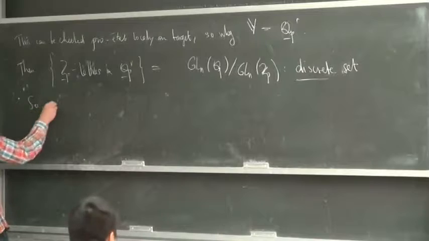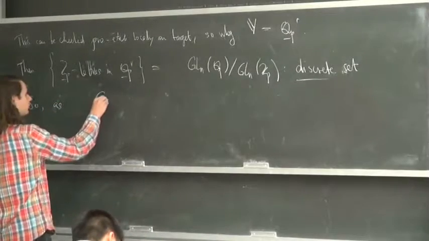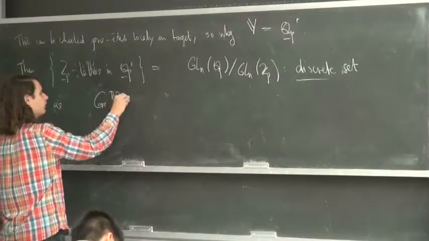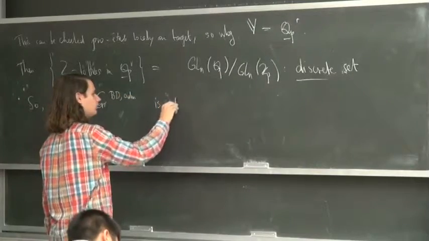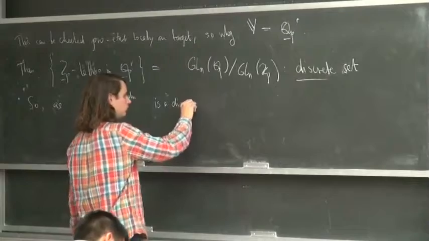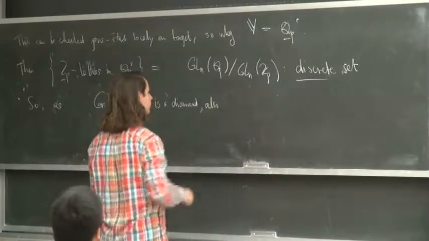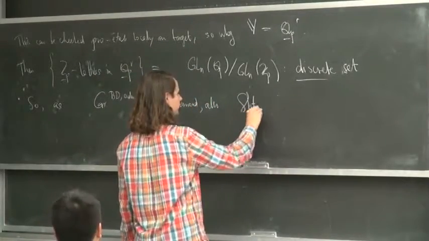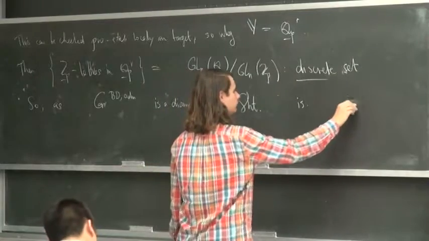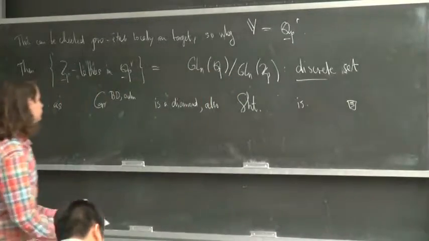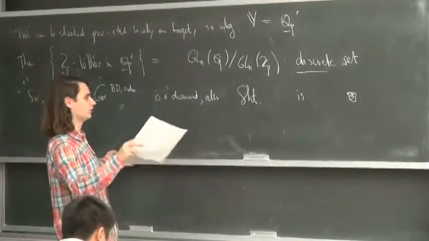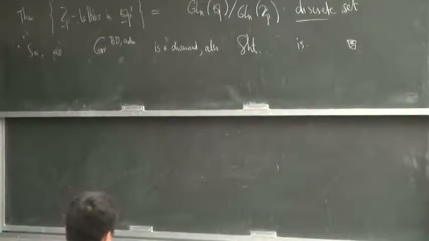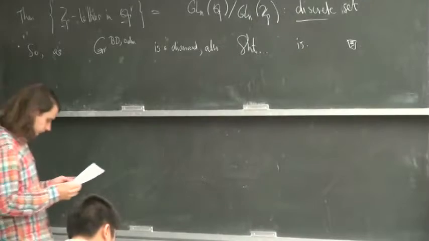So assuming that we already proved that this Beilinson-Drinfeld Grassmannian is a diamond, also the space of Shtukas is, because something étale over a diamond is a diamond.